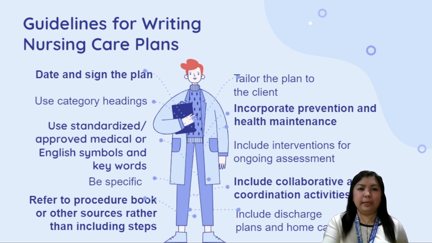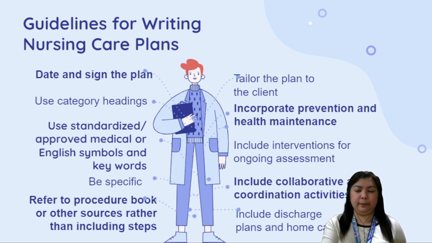So those are the different guidelines that you can use when writing your nursing care plan under the planning phase. At this point, you are now ready to craft your plan for the case scenario that we had for your section.